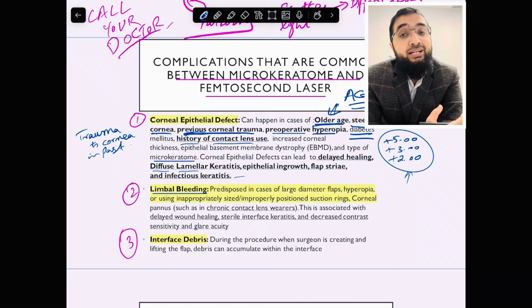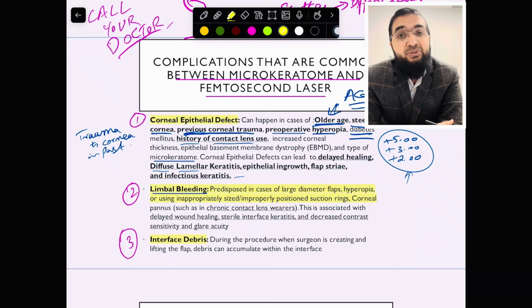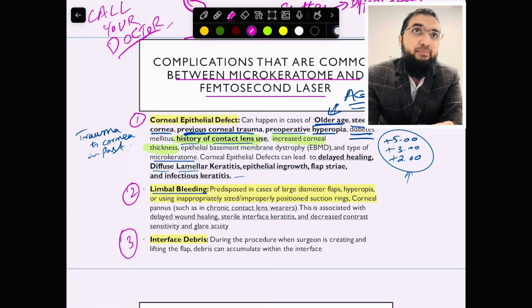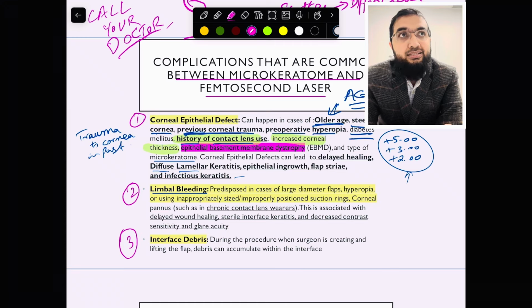A history of contact lens use can also interfere with the corneal epithelium and cause epithelial defects. Increased corneal thickness is another thing. Even though increased corneal thickness is a plus point for LASIK surgery, beyond a certain level, if it's still higher than that, yes, it can be a negative thing in some cases.